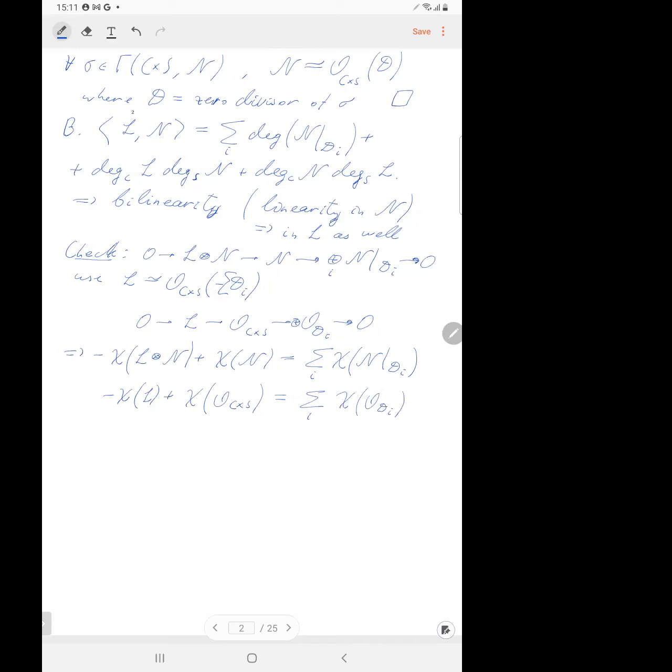Okay, now let's subtract. And get that negative chi of L tensor n plus chi of n plus chi of L minus chi of the structure sheaf equals the sum of the Euler characteristics of the structure sheaves of our divisors plus chi of n restricted to the divisors.